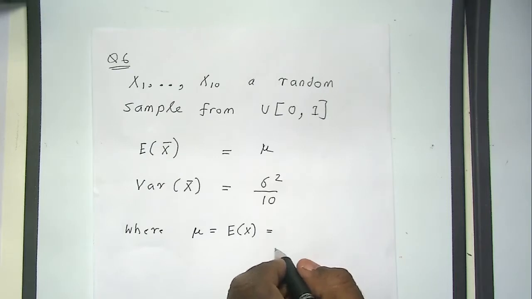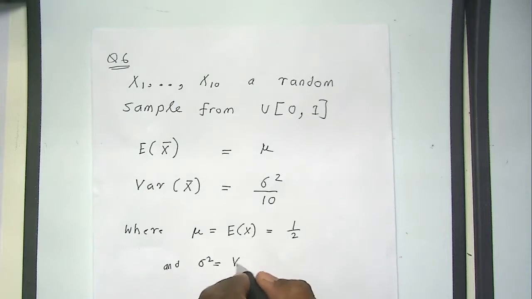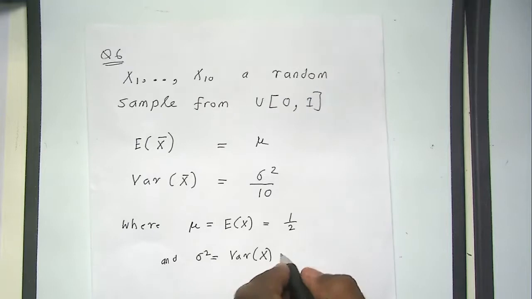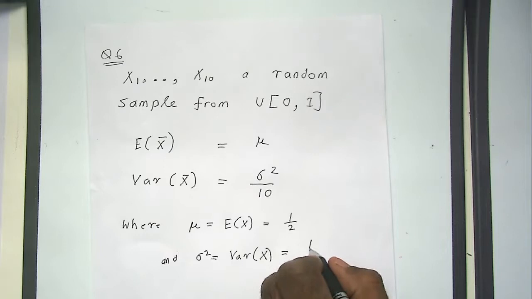It's half. And sigma squared is the variance of a uniform 0, 1, which is 1 over... I'm just checking your memory, guys.